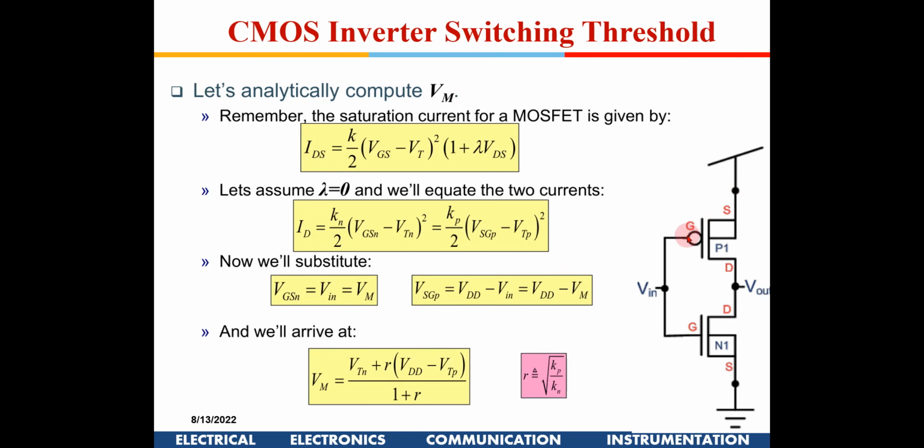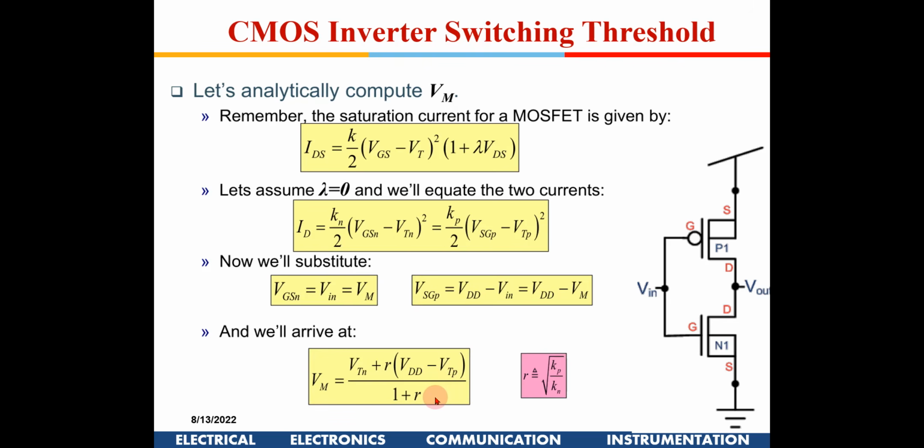For the threshold voltage, we are taking Vin equal to Vout. So VGS minus VTN will be VM minus VTN. If I substitute in both these equations, VGSN is equal to VM and VSGP is VDD minus VM.